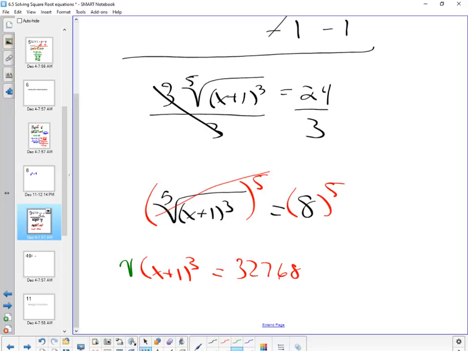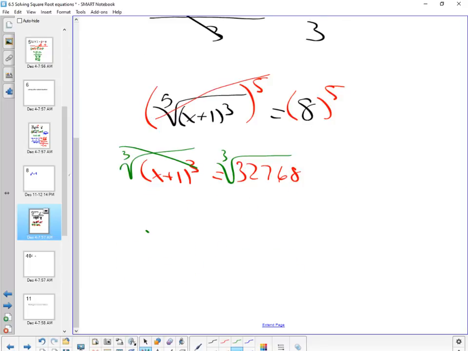So I'm going to cube root that to make this go away. So x plus 1 is equal to the cube root of this number. 32. Thank you.